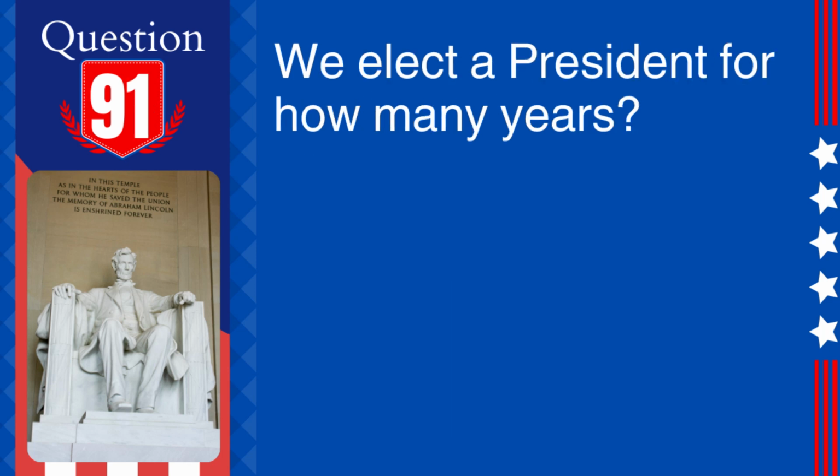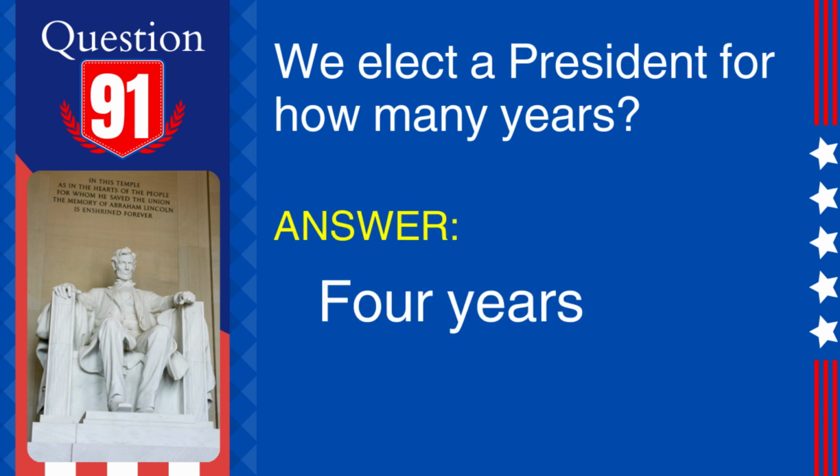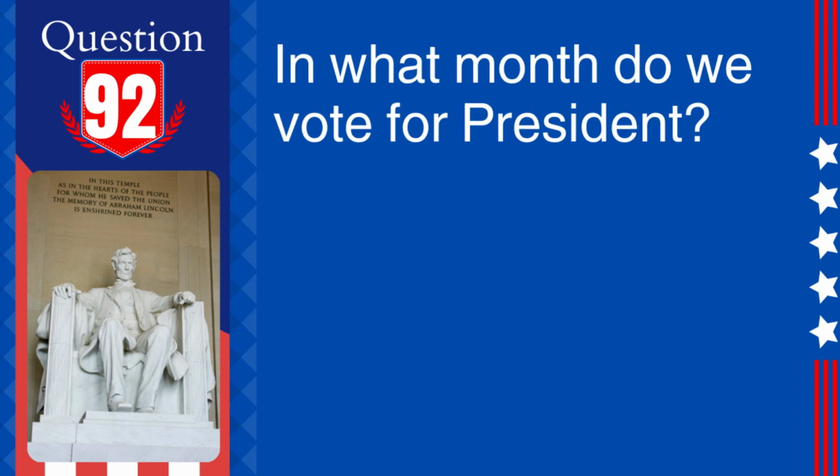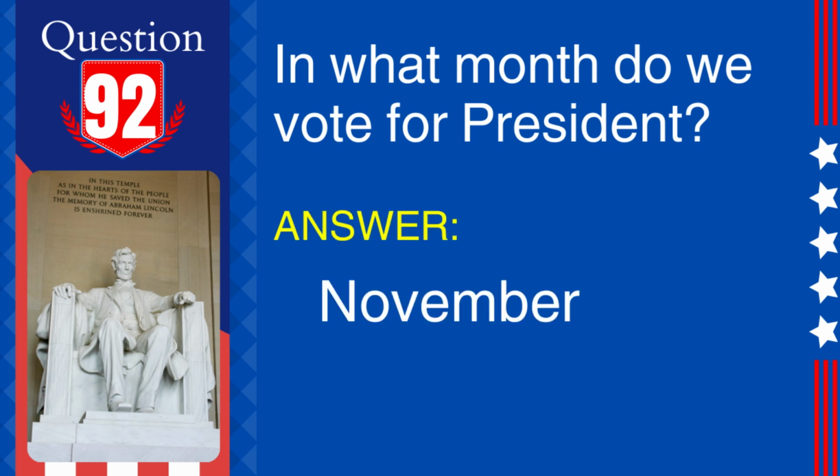91. Question: We elect a president for how many years? Answer: 4 years. Explanation: The president is elected to a 4-year term and may be re-elected for 1 additional term. 92. Question: In what month do we vote for president? Answer: November.